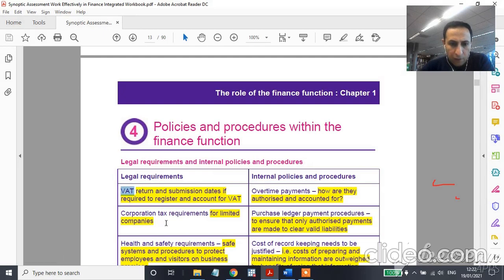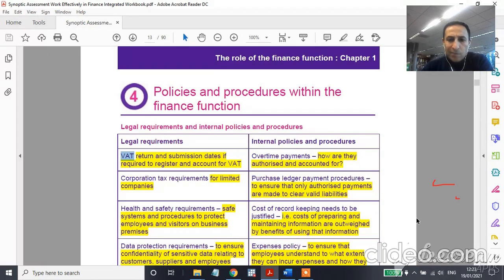However, corporation tax is based on the profit you're making. If you're making a profit, you have to pay corporation tax. The corporation tax is probably submitted annually, but VAT is submitted every quarter, every 3 months.